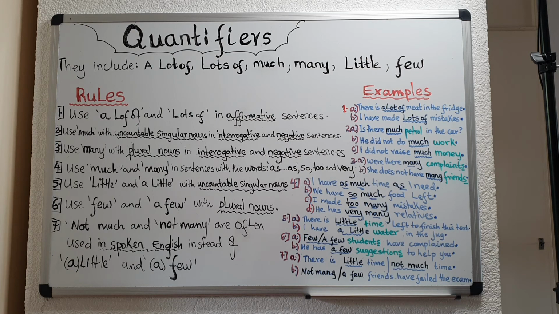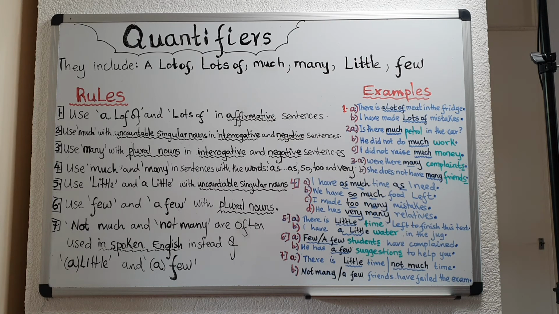Look at example 6b. He has a few suggestions to help you. You can also say he has few suggestions to help you. And that is because in that sentence you have a plural noun, which is suggestions.